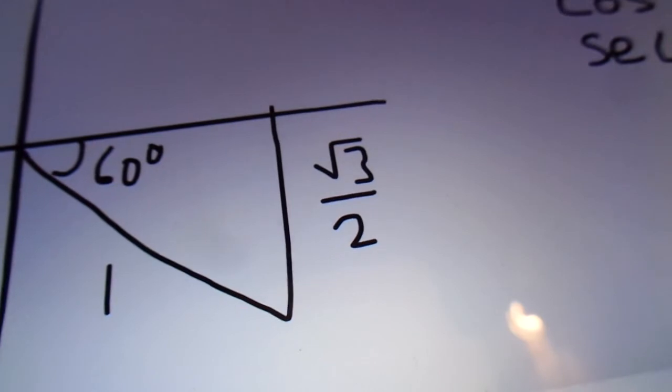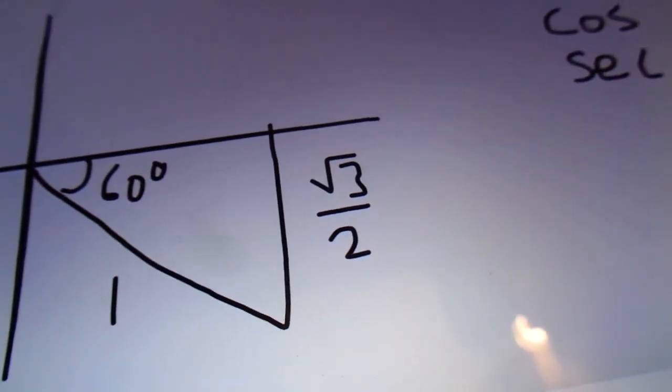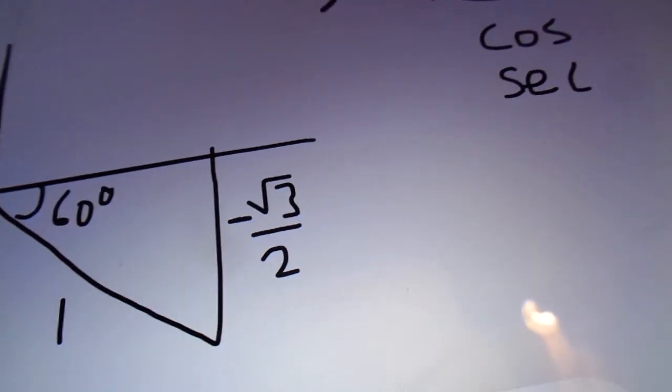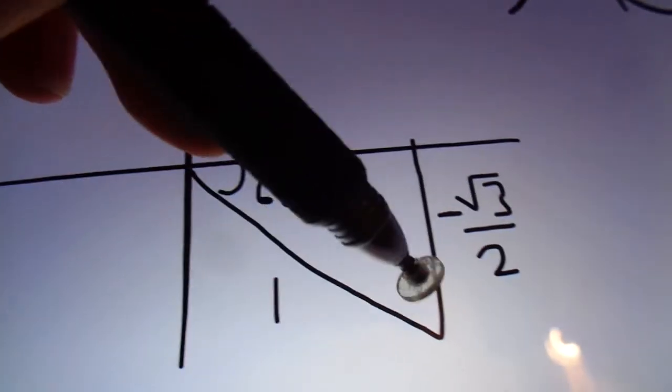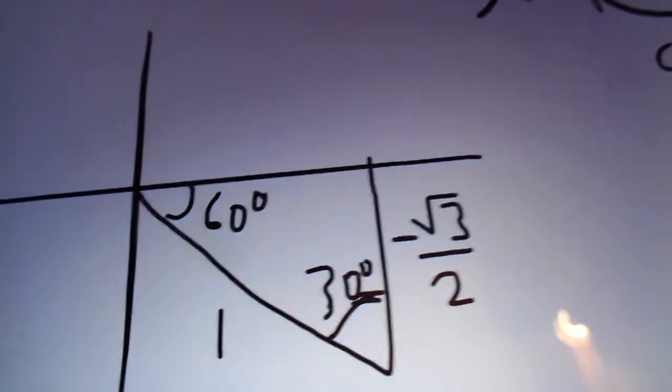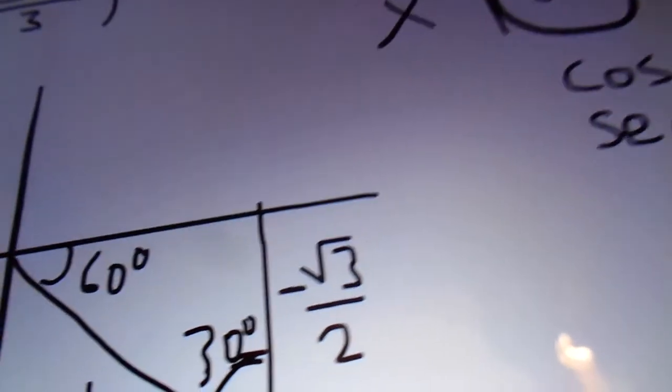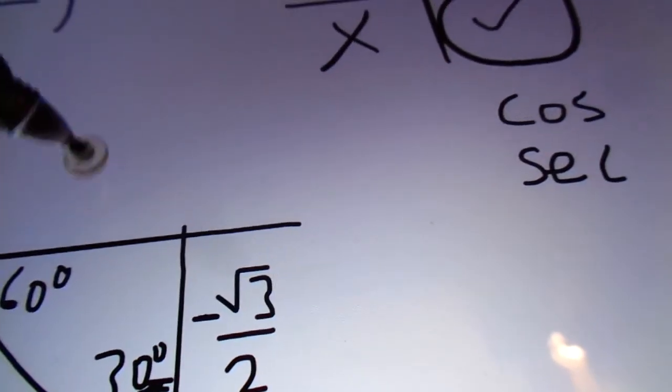Across from the 60 degree angle is square root of 3 over 2, but it would actually be negative because it's below the x-axis. Here there's really a 30 degree angle, because there's always 30, 60, 90, or 45, 45, 90 in a unit circle. Across from that is 1/2, and that would be positive.